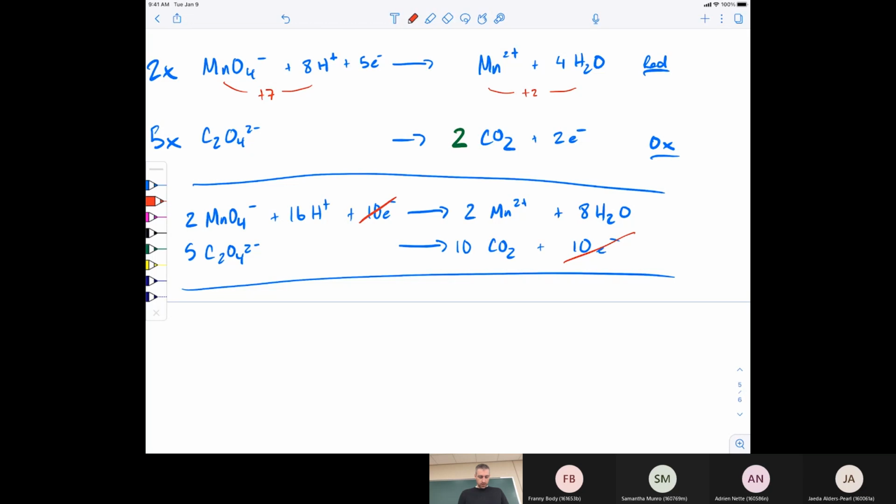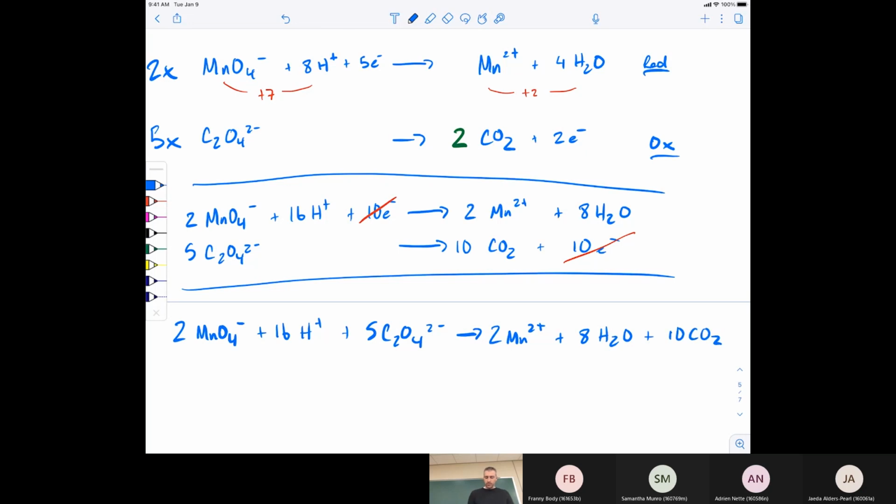That's all that cancels though. So then we're ready to add these two things together. 2 MnO4 minus plus 16 H plus 5 C2O4 2 minus goes to 2 Mn2 plus 8 waters plus 10 CO2.